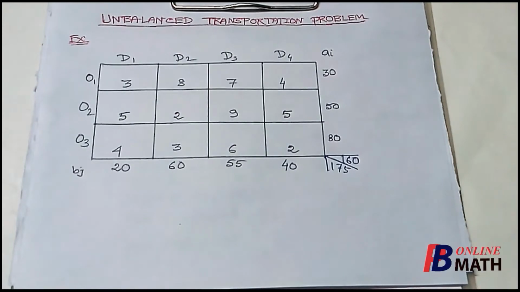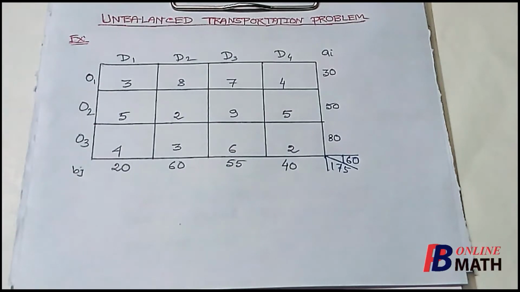Now we find that total capacity is 160 and total demand is 175. So the demand is 15 more than the capacity. Therefore, to solve the problem, we first need to balance the capacity and the demands. For that, since the demand is 15 more than the capacity, we need one more origin from where we can transport 15 units of item.